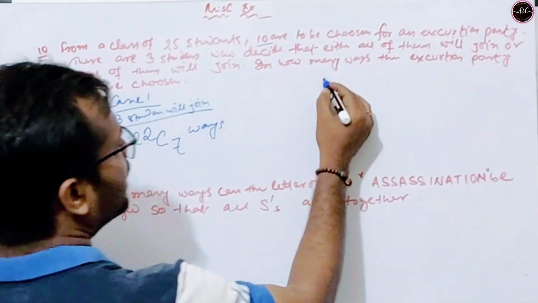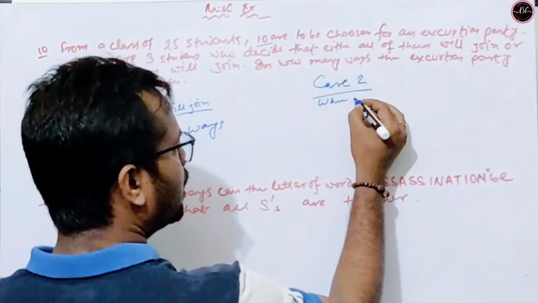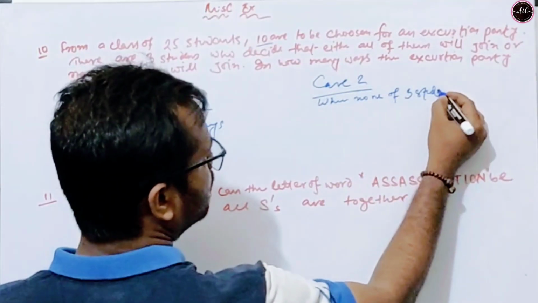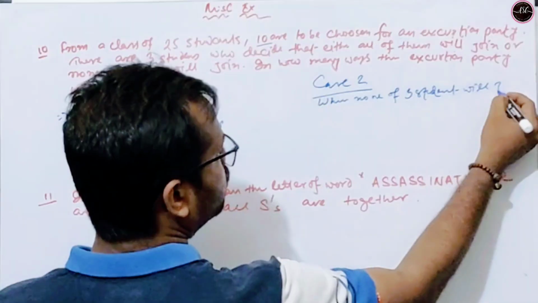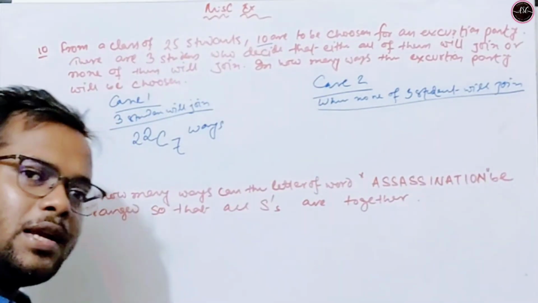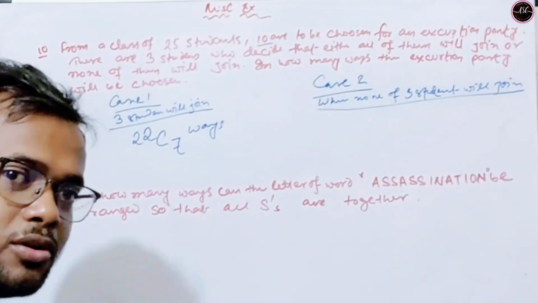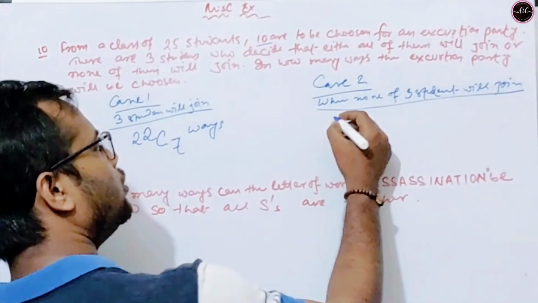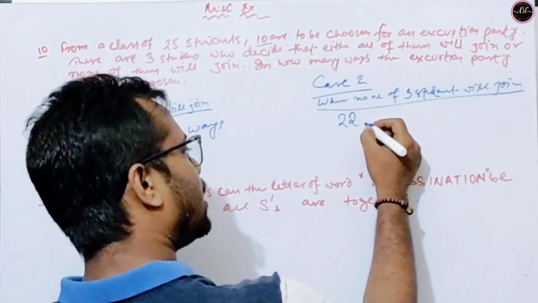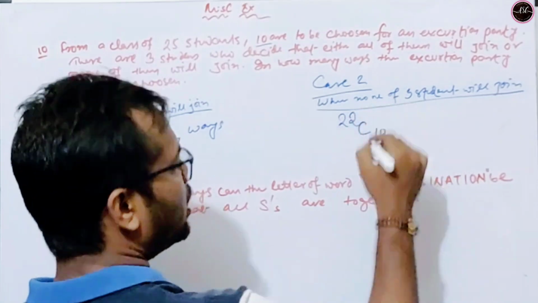Okay, and case 2, when none of the 3 students will join, there are 22 students in the class. Out of 22 we have to choose 10 students, so 10 students can be chosen from 22 in 22C10 ways.